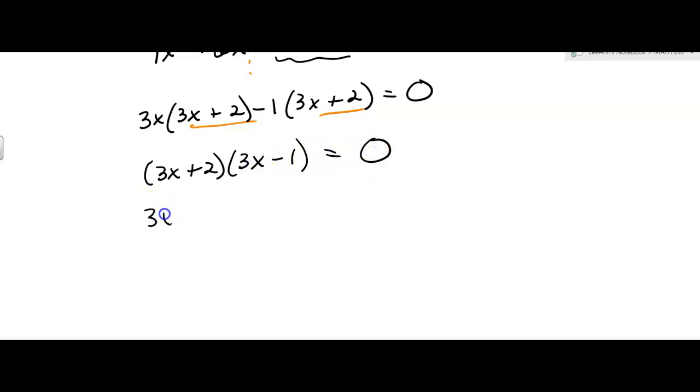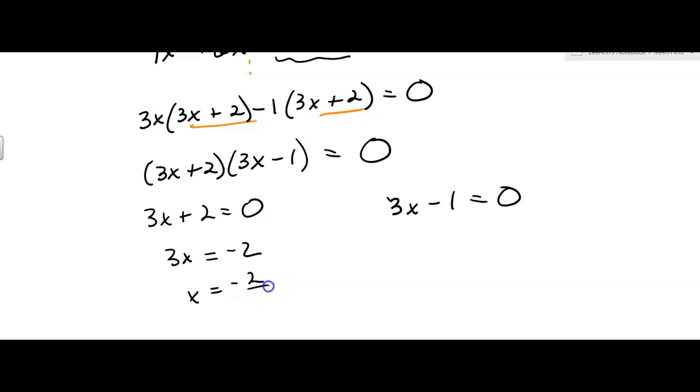So either 3x plus 2 equals 0, I'll solve that, or 3x minus 1 equals 0. So subtract 2 from both sides, divide by 3, and I get the negative 2/3. And then over here, add 1, divide by 3, and I get the 1/3.